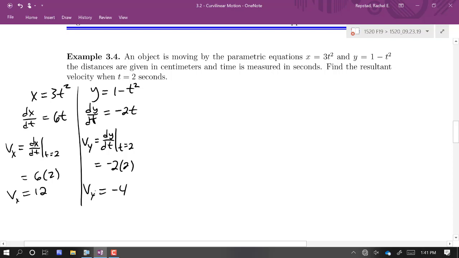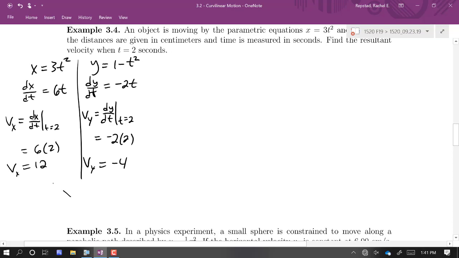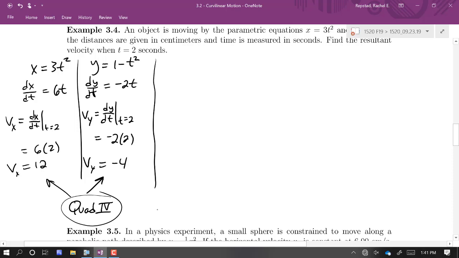Now at this point, before I do any calculating, I like to make a quick note. What quadrant is that in if Vx is positive and Vy is negative? Fourth. Which is good. That's where it seemed like it should be when we looked at the graph of the curve. We have our components. Now we can use Pythagoras to get the magnitude, arctan to get the angle.